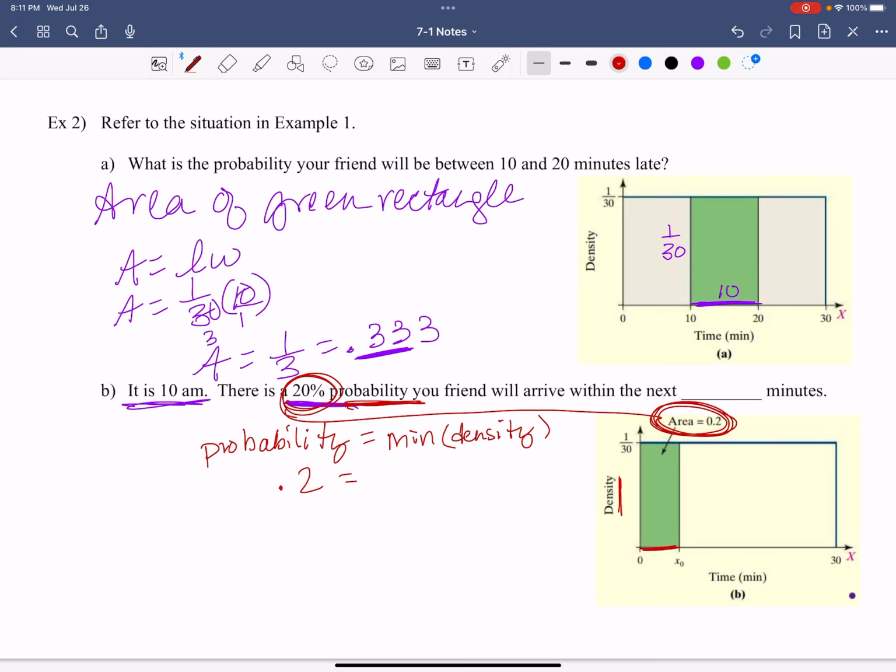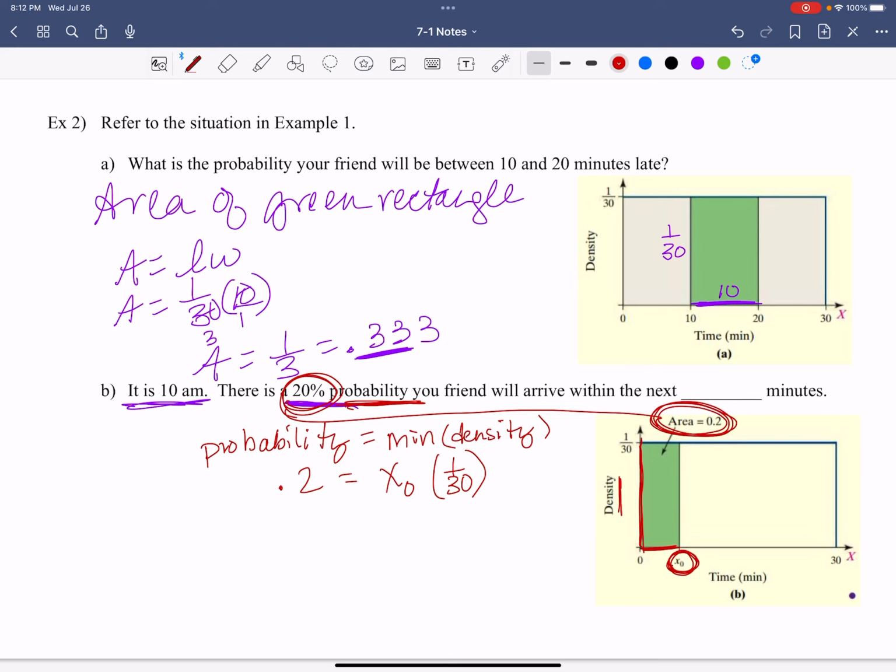My minutes goes from 0 to x naught, it's called, because it's at sub-zero. So that's how many minutes. That's what we're trying to figure out. I don't know how many minutes. That's my variable, that's my unknown. But my density here is still 1/30th because that's how tall my rectangle is.